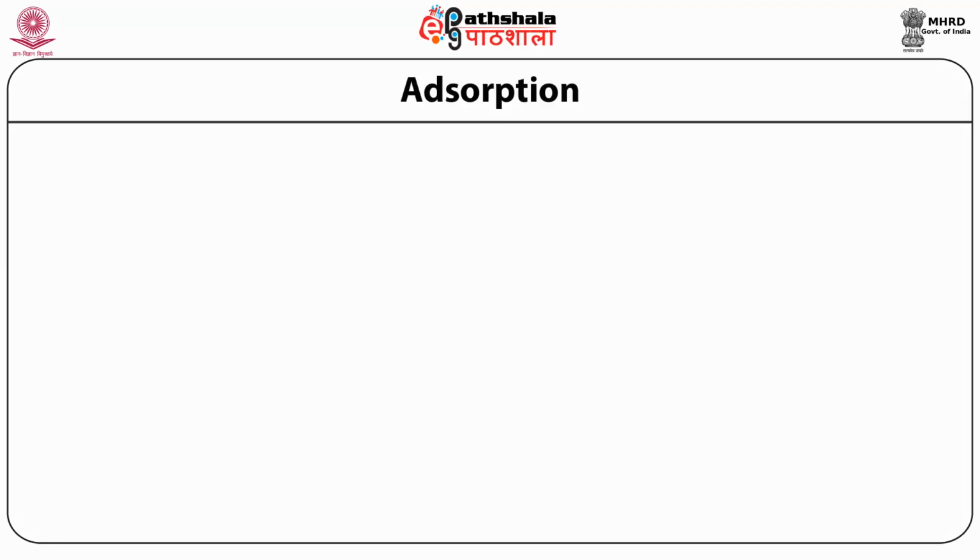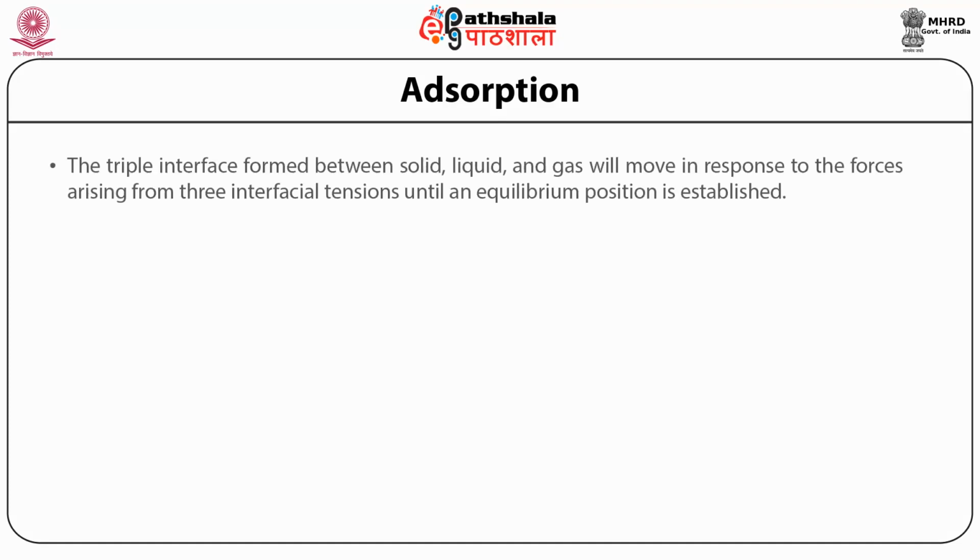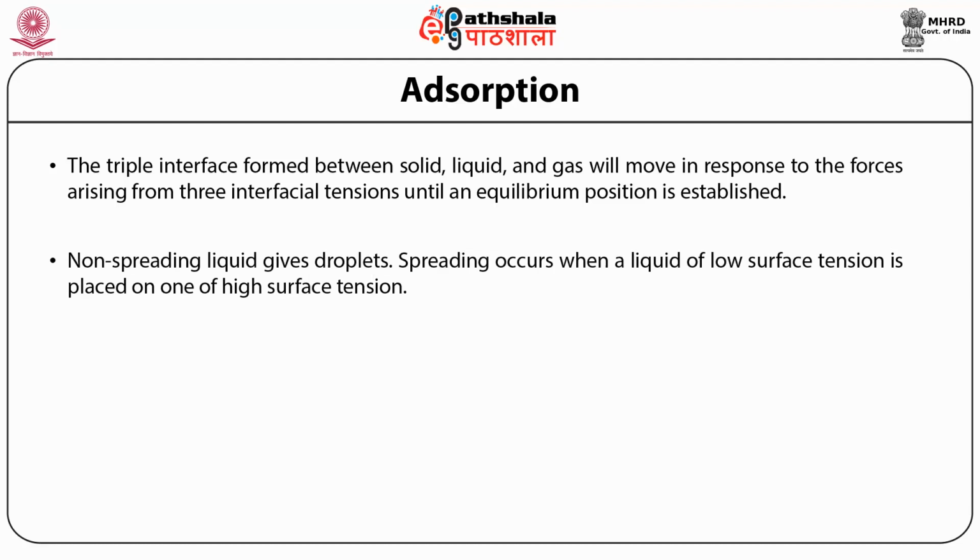Adsorption at solid-liquid and solid-gas interfaces. The triple interface found between solid, liquid, and gas will move in response to the forces arising from three interfacial tensions until an equilibrium position is established. Non-spreading liquid gives droplets. Spreading occurs when a liquid of low surface tension is placed on one of high surface tension.